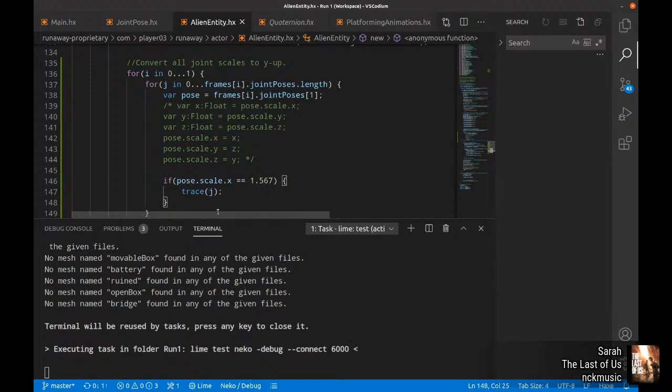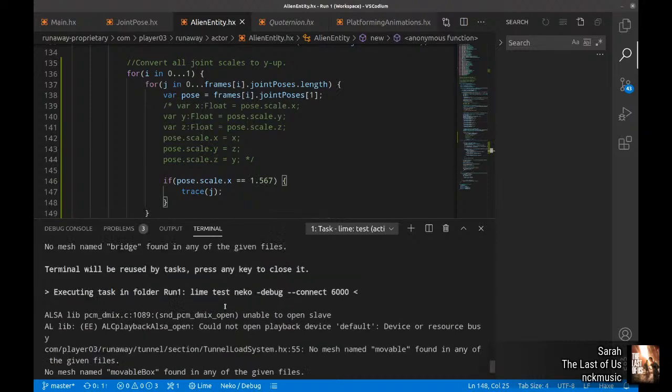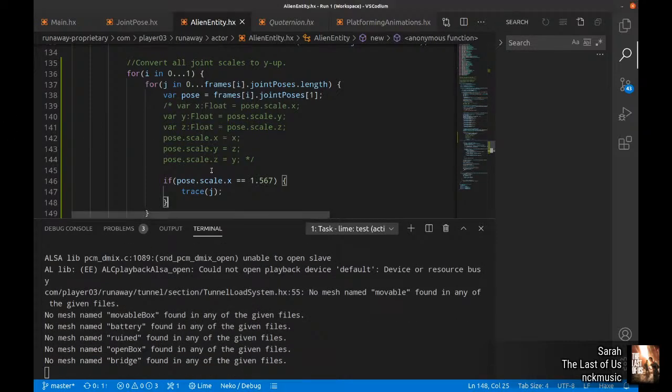And I should be able to find where that arm is, or what number that arm is, because it's not exact.